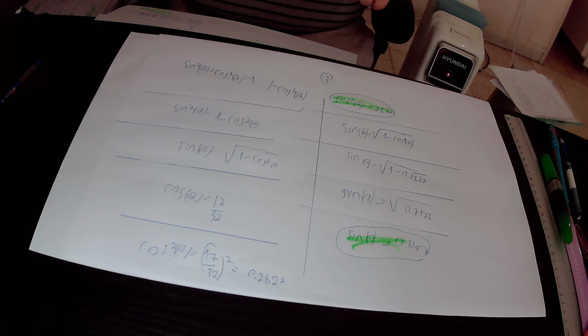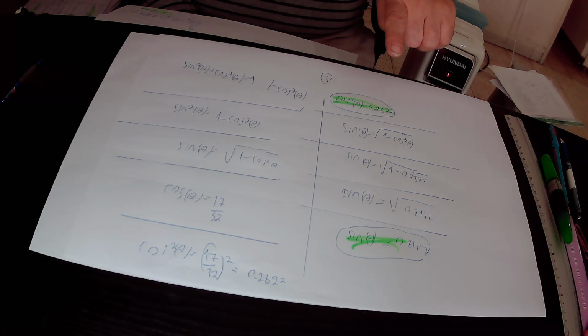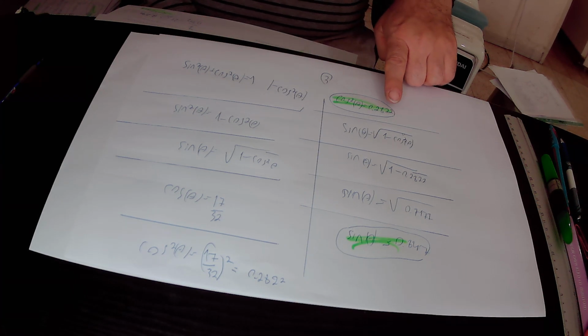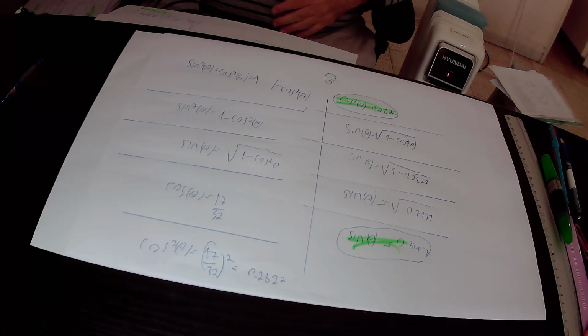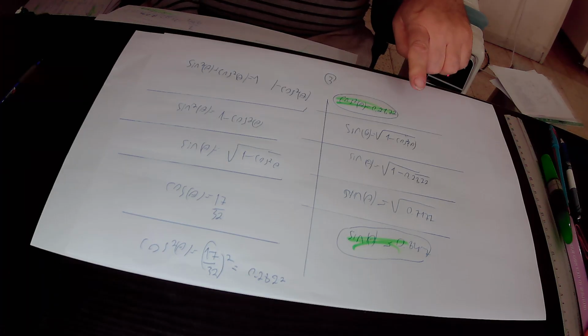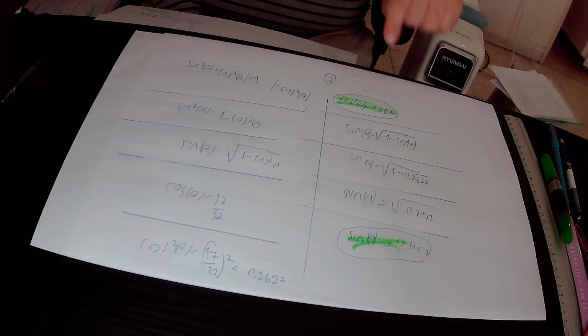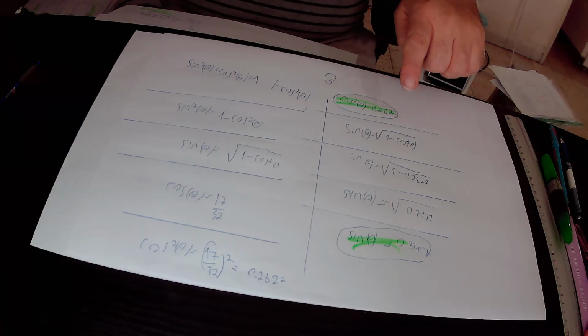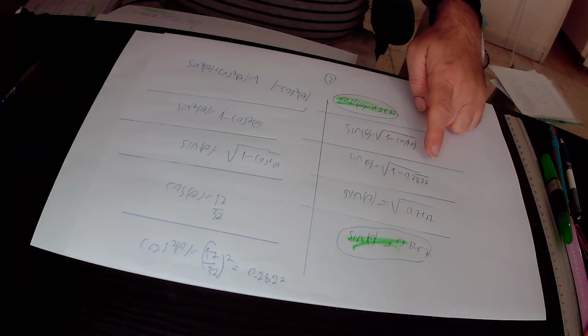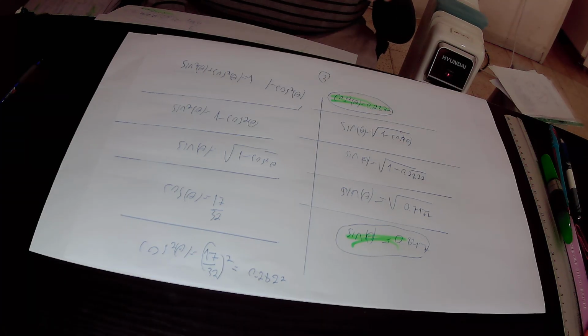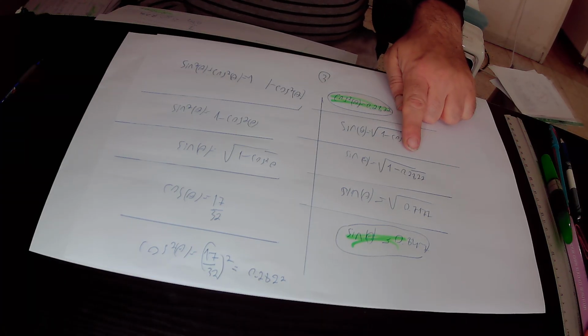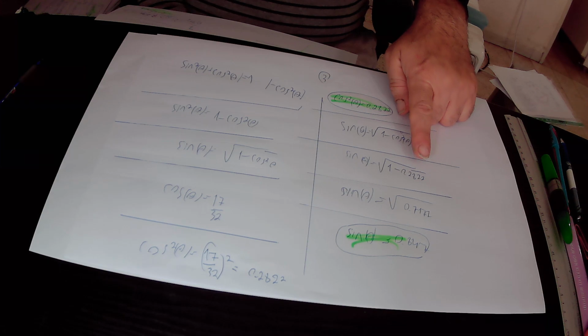And we have the trigonometric identity that says that sine theta equals the square root of 1 minus cosine square theta. So we can substitute cosine square theta by 0.2822. We did it, and we found that sine theta equals the square root of 1 minus 0.2822. 1 minus 0.2822 is equal to 0.177.